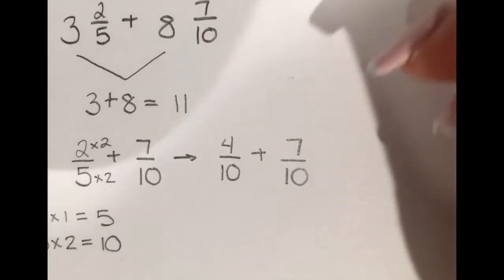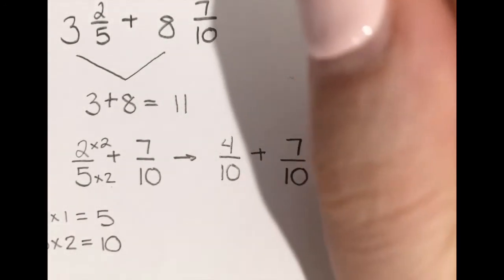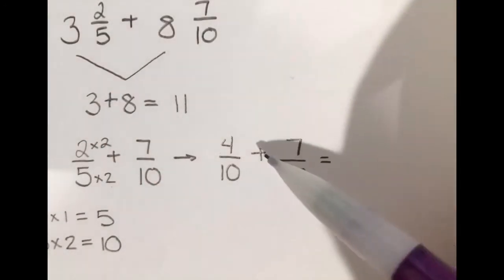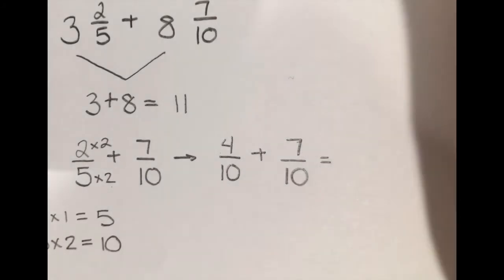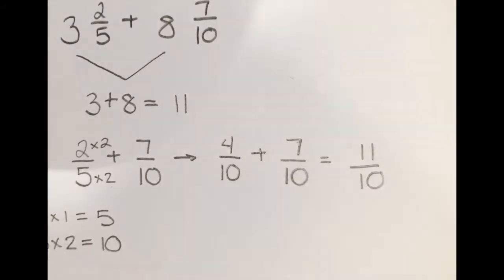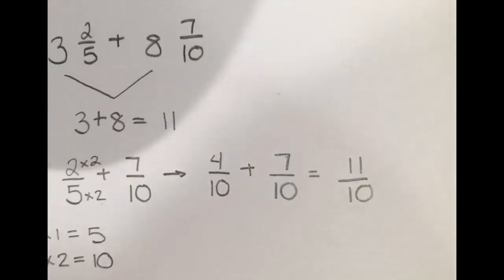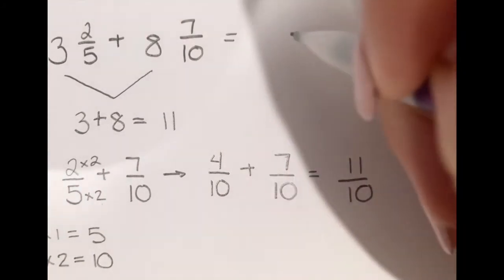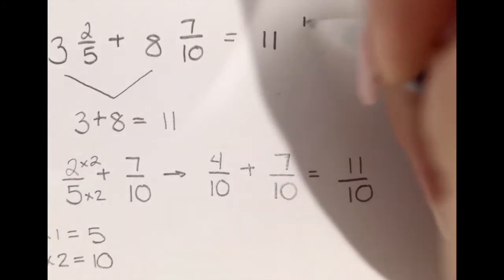Now that the denominators are the same, we're going to add our numerators. 4 plus 7 ends up being 11. Then you're going to do over 10 because that's our denominator. Therefore, our final answer will be 11 11/10.